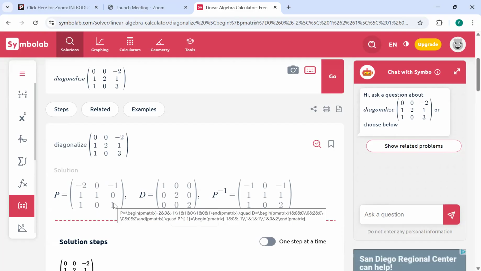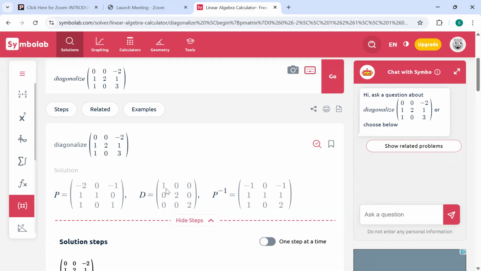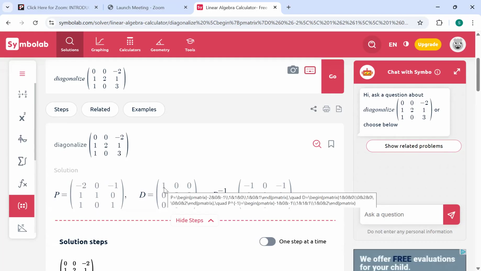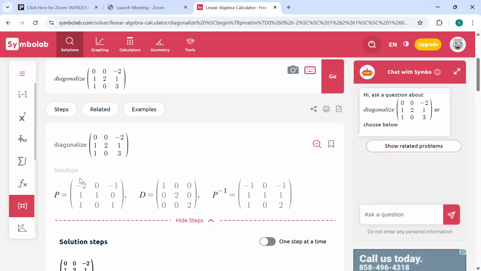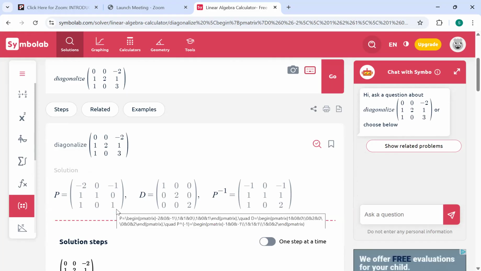In other words, corresponding to the eigenvalue of 1, the eigenvector we found was negative 2, 1, 1, and there you go. So Symbolab is doing lambda 1, eigenvector for lambda 1, so D is going to have lambda 1 here. And then the second column again corresponds to lambda 2, and those are the same as the ones we got.